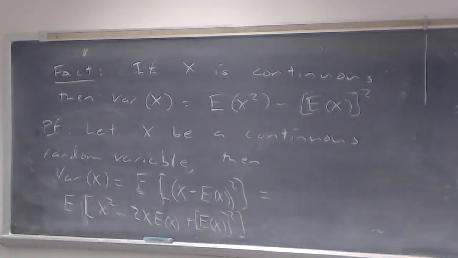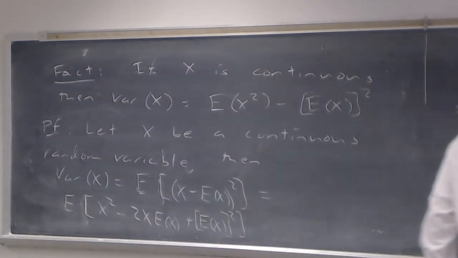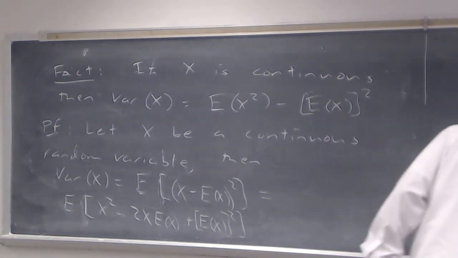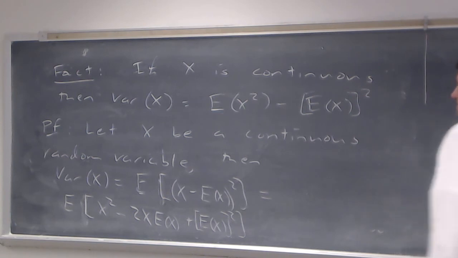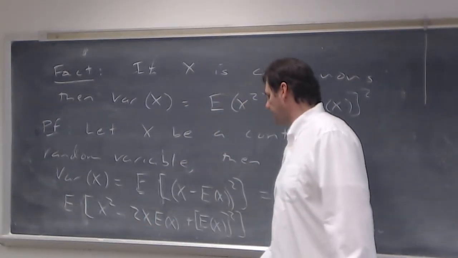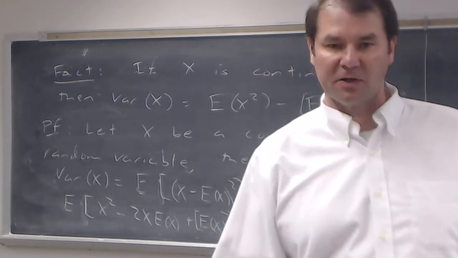The expected value of x is going to be a number. Now, using our definition of how we take the expected value of a function of x, this x squared minus 2x times the expected value of x plus the expected value of x squared is a function of the random variable x.